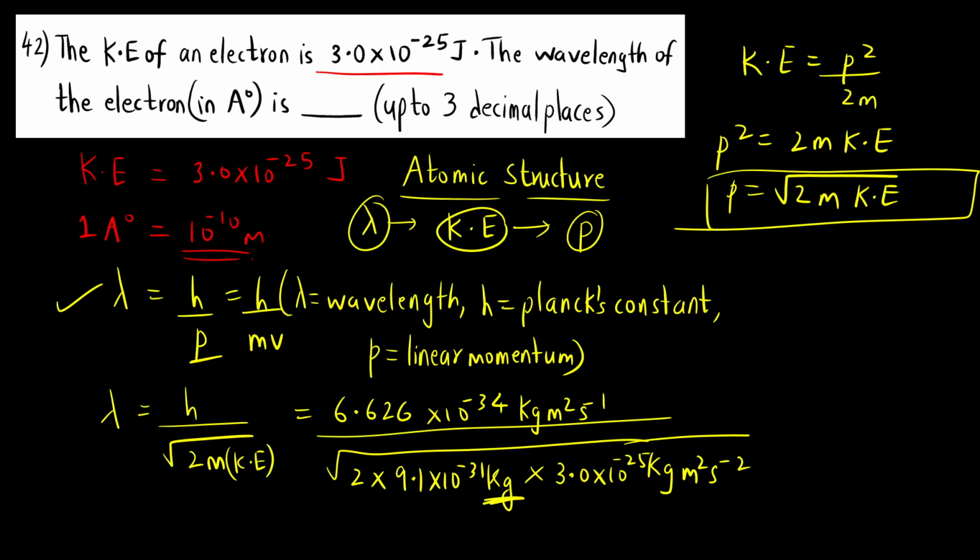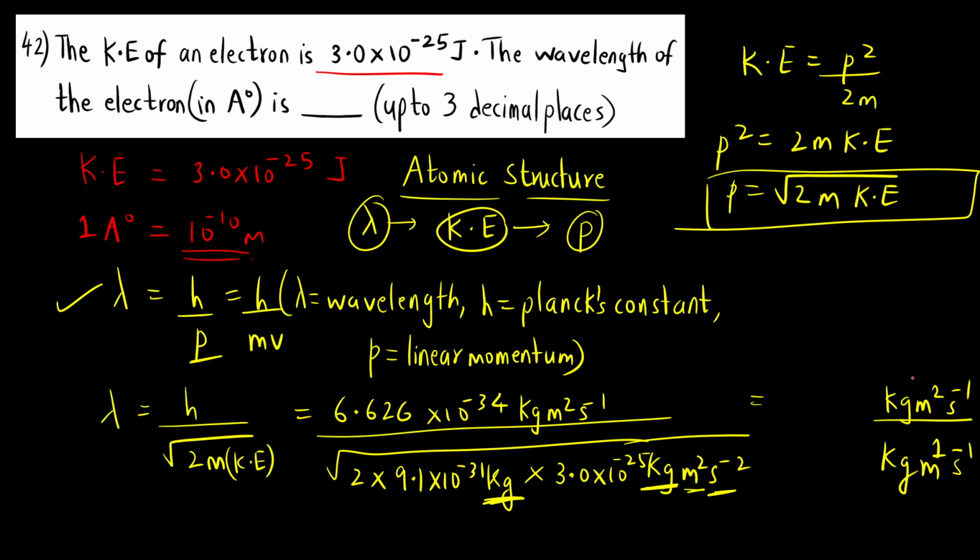Now this is a root, so kg into kg will become kg square, so I can bring kg outside the root. Then there is meter square; outside the root it will become meter. Second raised to minus 2 becomes second raised to minus 1. In the numerator we have kg meter square second raised to minus 1.